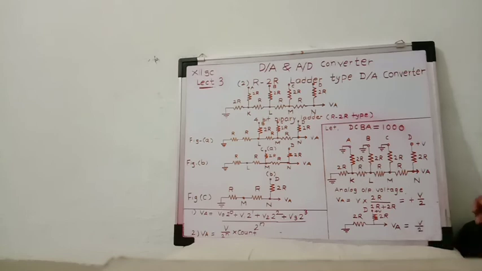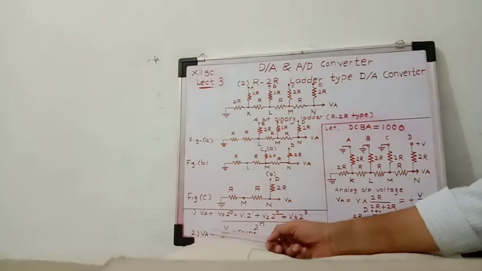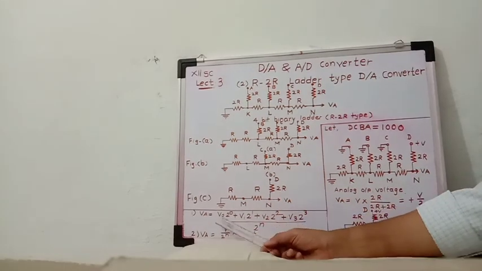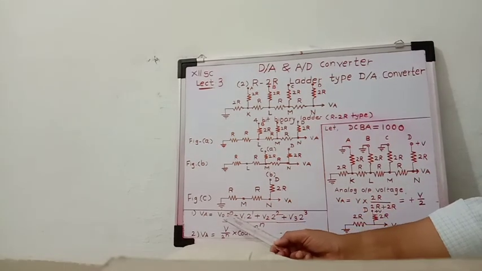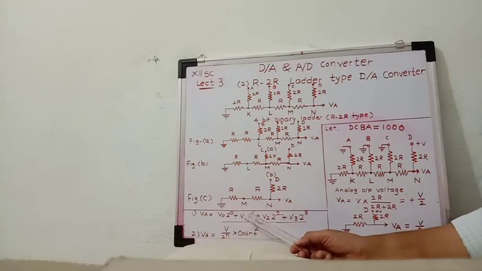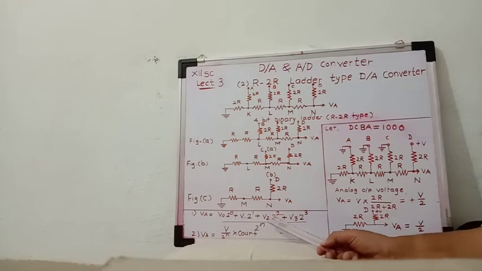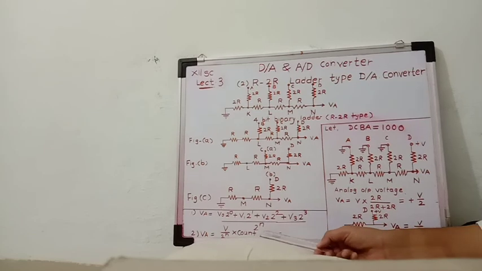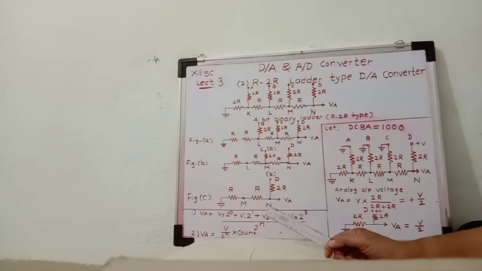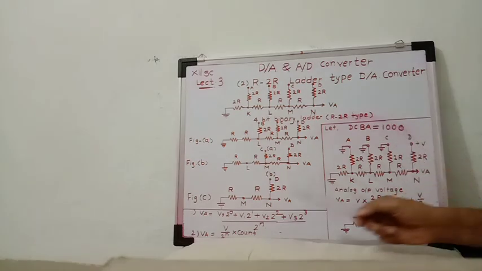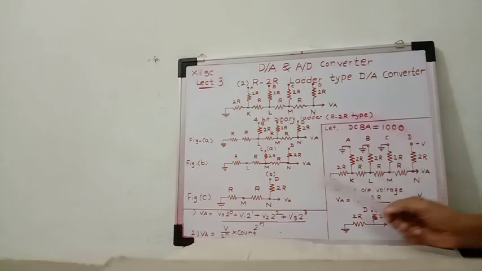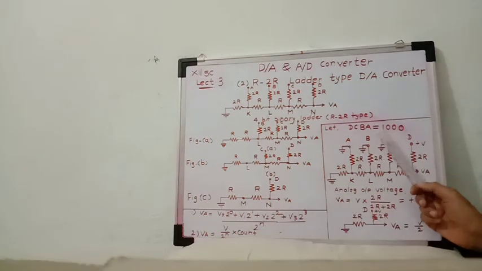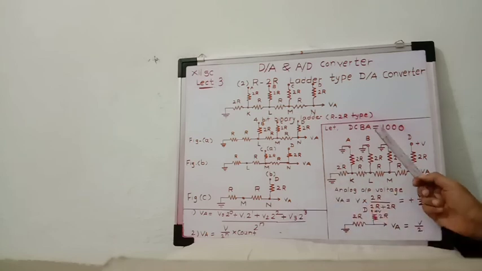So this can be solved by using this formula. Here VA is equal to V0 into 2 raised to 0 plus V1 into 2 raised to 1 plus V2 into 2 raised to 2 plus V3 into 2 raised to 3, divided by 2 raised to n. So here V0 is equal to 0, V1 is equal to 0, V2 is equal to 0, and V3 is equal to 1.